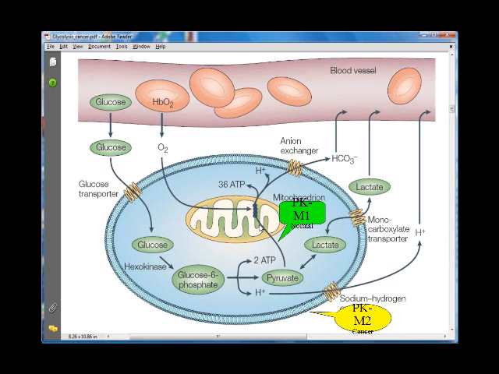But for some reason, if this molecular switch turns into PKM2, that's a cancer cell. If the yellow light is on instead of the green light, then this cell will become a cancer cell.